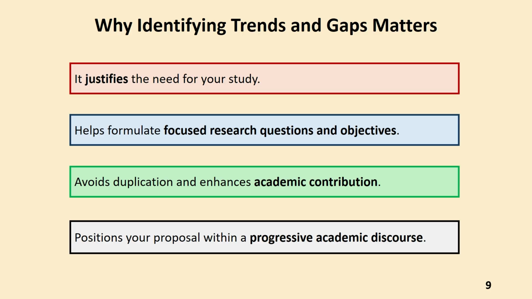Because whatever research we are doing, we believe that we will add something to the existing knowledge system. So it is very important to justify and see the position of your proposal, your thought, your idea, and how progressive it is in the present time.